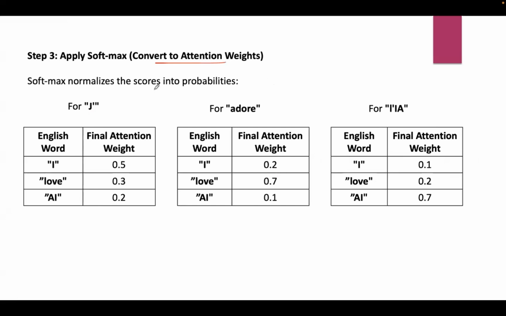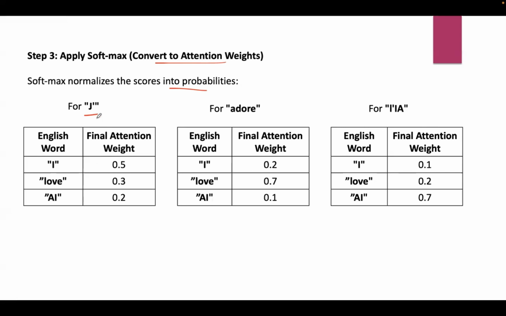Softmax normalizes the scores into respective probabilities. The attention scores from step 2 are converted into probabilities using the softmax activation function, which ensures the attention weights sum to 1, making them interpretable as probabilities.